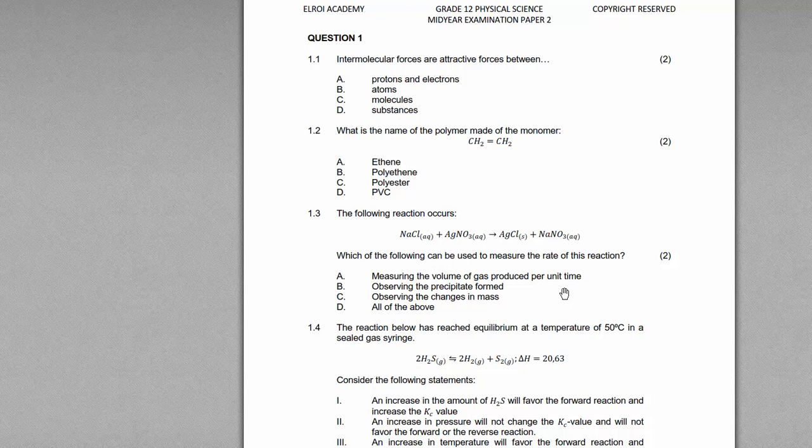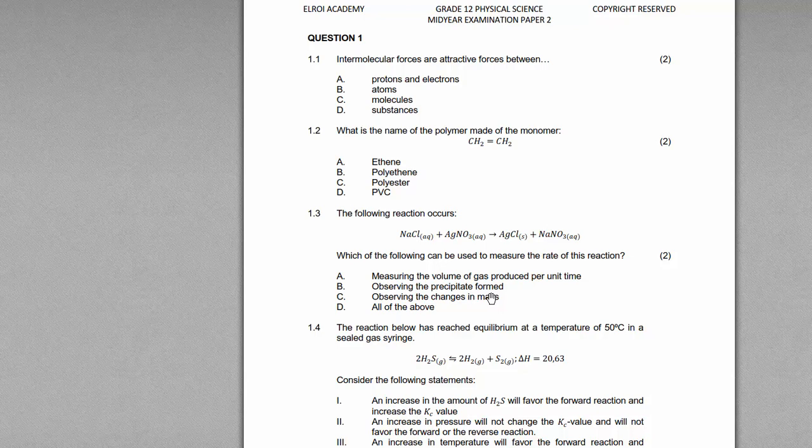Measuring the volume of the gas produced? Well, there's no gas produced. It's a solid and a salt that is dissolved in the leftover liquid, that is this liquid solution there. Okay. Observe the precipitate formed. A precipitate is when there's a solid that creates a substance at the bottom of the container.